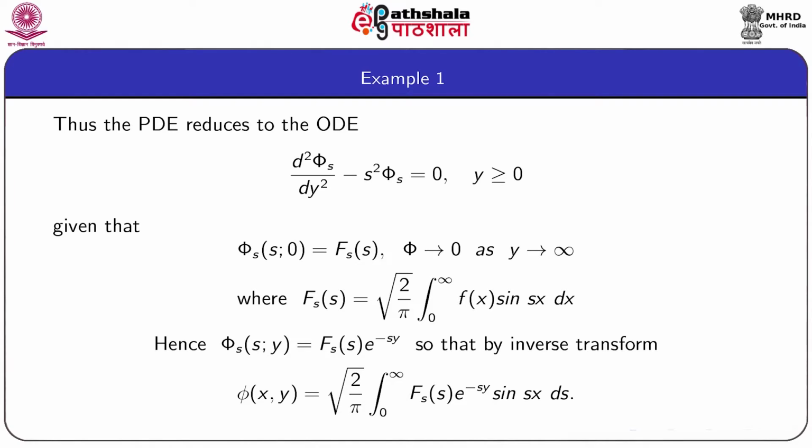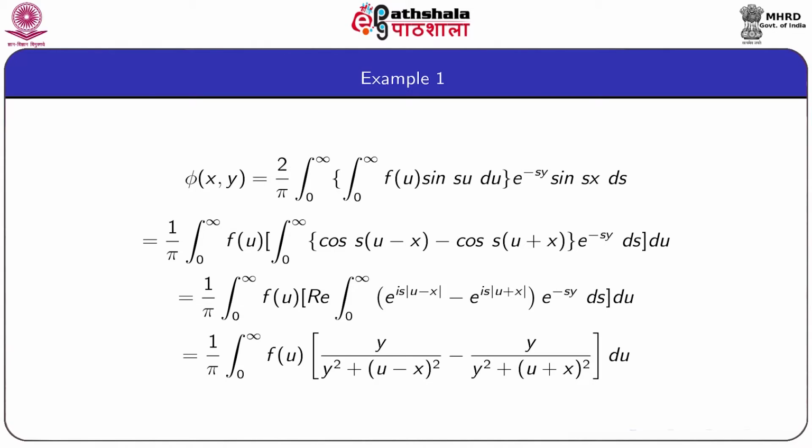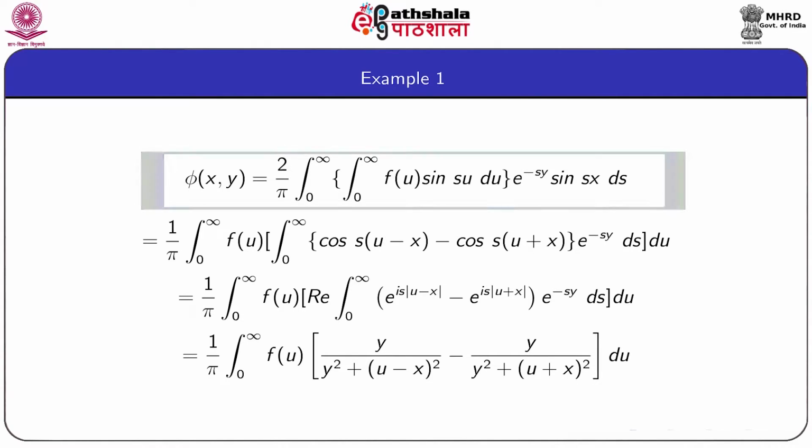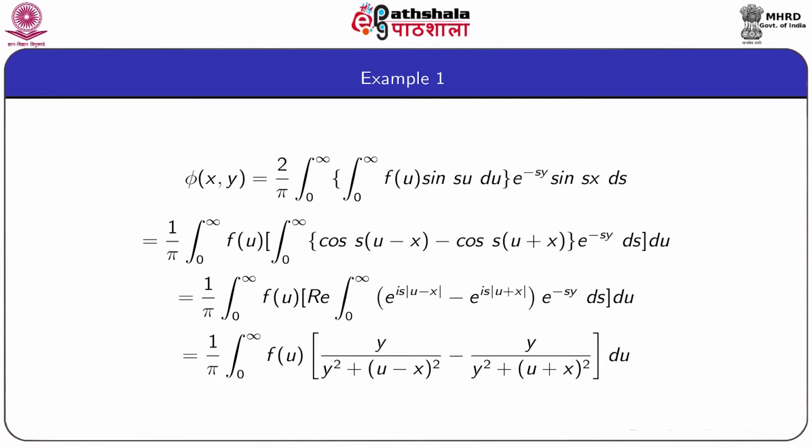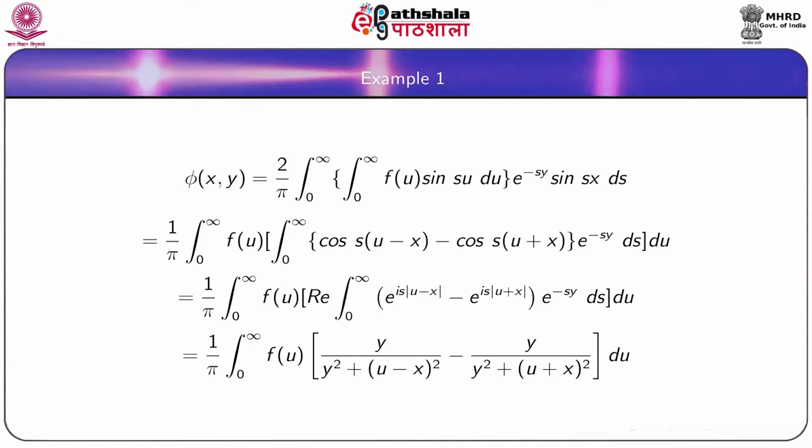Now, in this inverse formula, we substitute the expression for capital Fs as given here to obtain small phi xy equal to 2 by pi integral 0 to infinity fu sine su du e to the power minus sy sine sx ds.